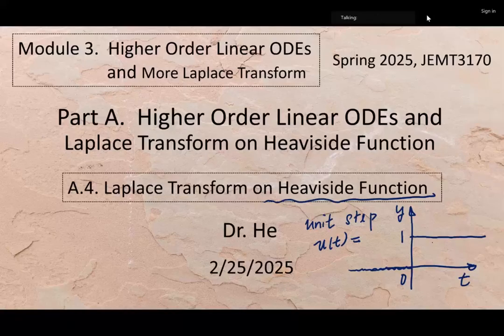And this function is very useful in engineering, when we represent some commonly used driving force functions. Remember the driving force function. There are some popular force types, so we need to use the Heaviside function.